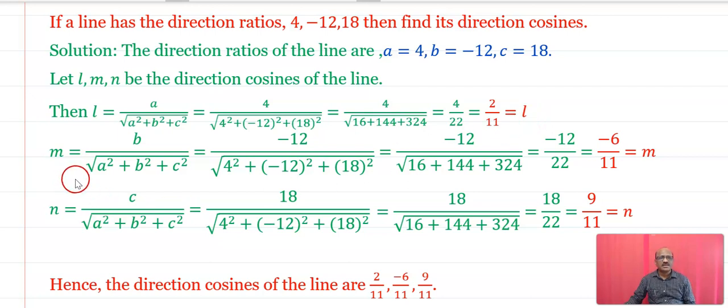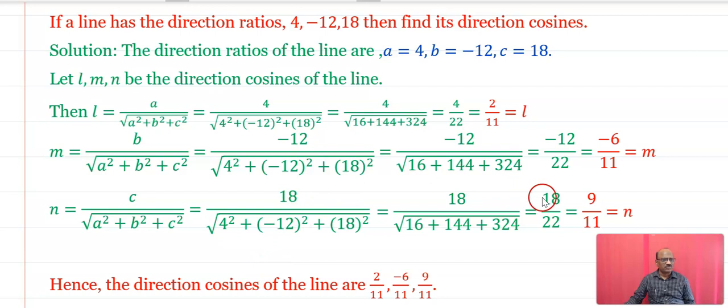Next, M equals B upon the root of A square plus B square plus C square. Substitute the value of B, which is minus 12. Again, the same thing: minus 12 upon 22, and you will get minus 6 upon 11. This is the value of M. And the last, N equals C upon the root of A square plus B square plus C square.